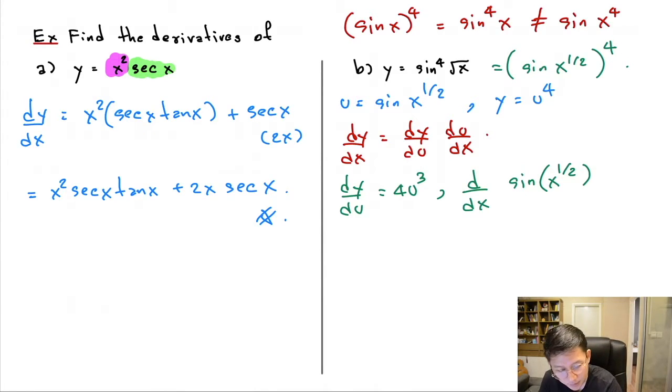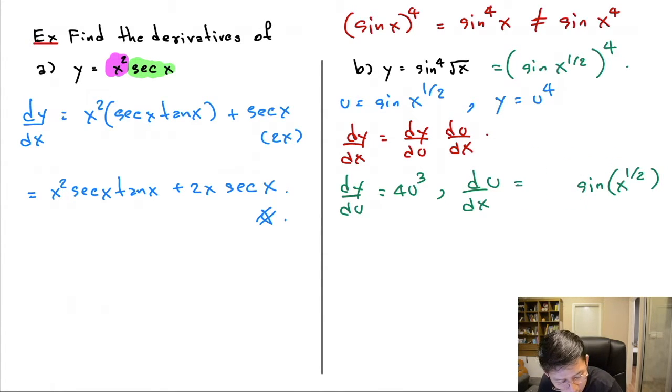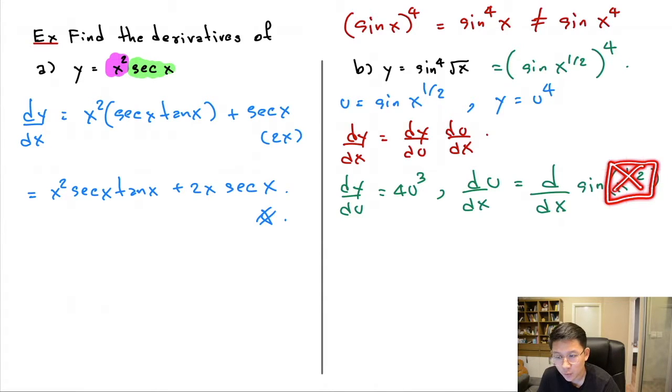Let me write it this way to make it more understandable. Again, we know how to differentiate sin x. We know that it's cos x, but we don't really know how to differentiate sin of x to the power of 1/2, right?